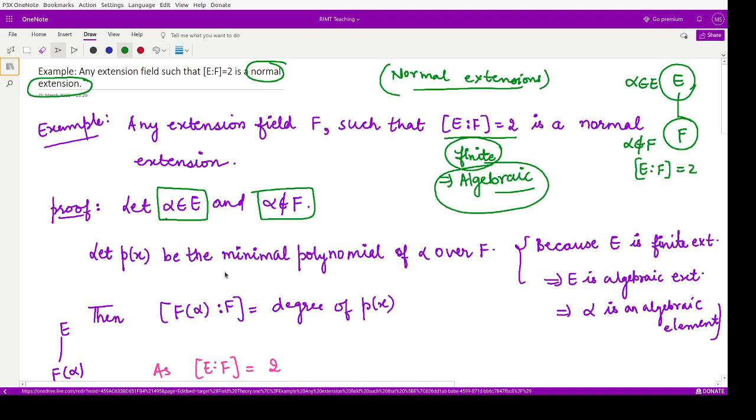So each element here would be an algebraic element. That means we have some polynomial P(x) which is the minimal polynomial of that element over F.